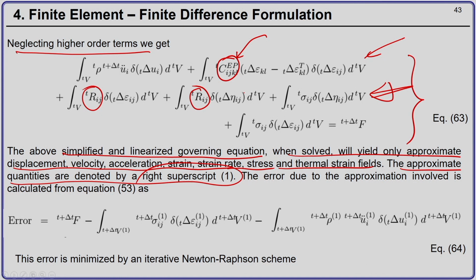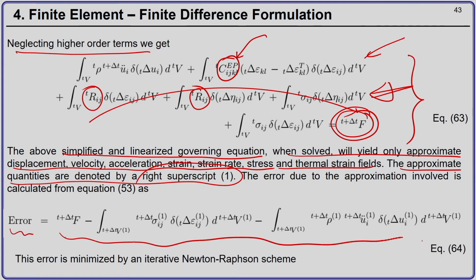So you write the error like this. This is the right hand side. If you take everything on the left hand side, then the difference of the right hand side and whatever is on the left hand side gives you the error, and this error has to be minimized using a Newton-Raphson iterative procedure.